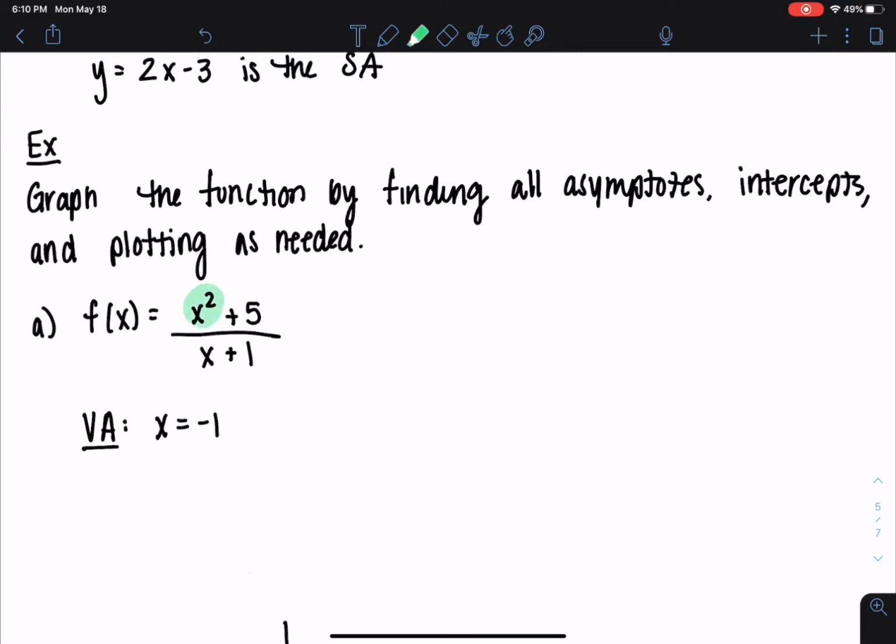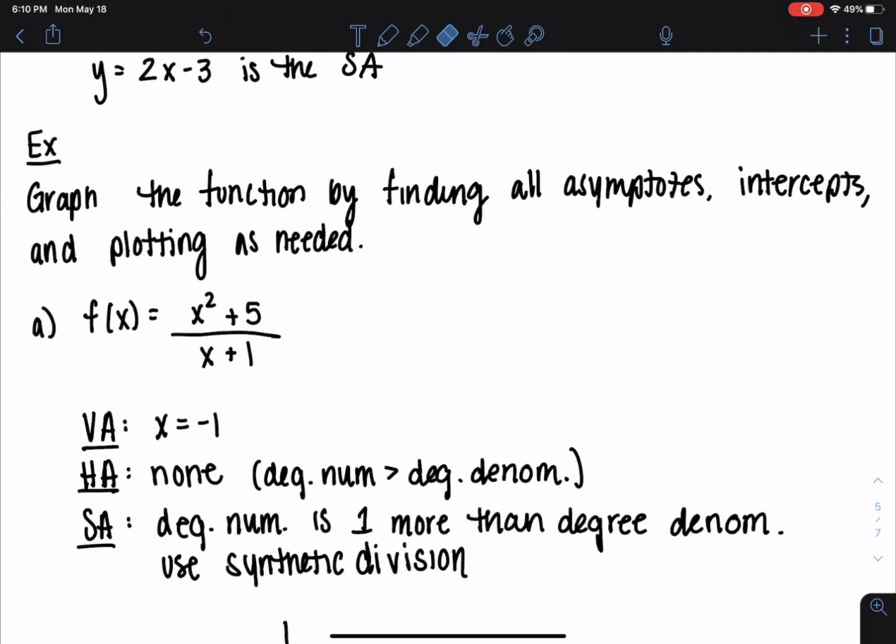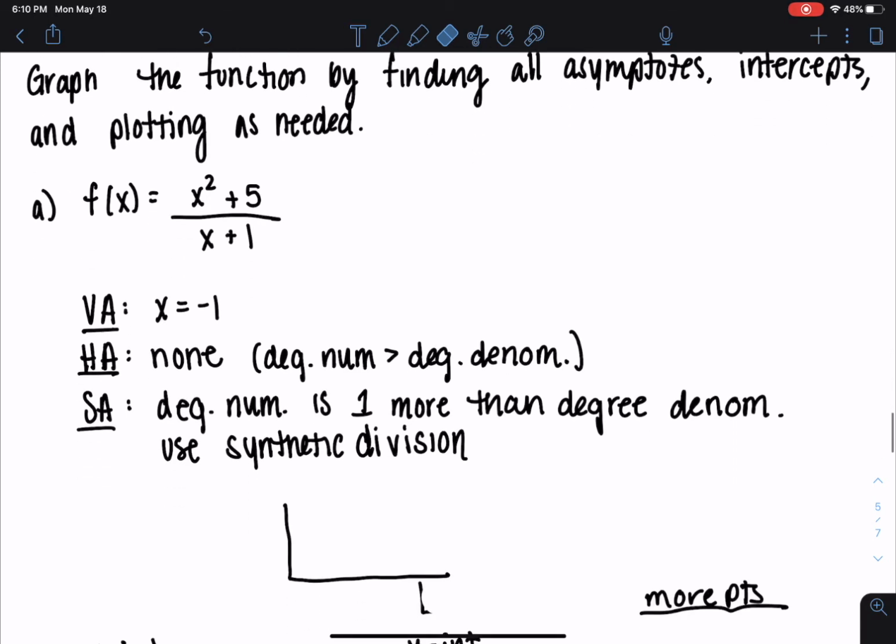We've got a second degree up top, first degree in the bottom. So when we go to find the horizontal asymptote, there's none because the numerator is a higher degree than the denominator. We can actually find a slant asymptote because the degree of the numerator is 1 more than the degree of the denominator. So we're going to go ahead and use synthetic division.